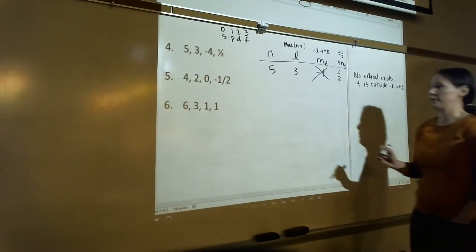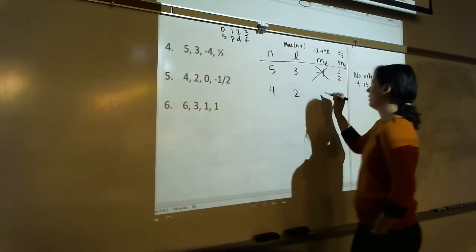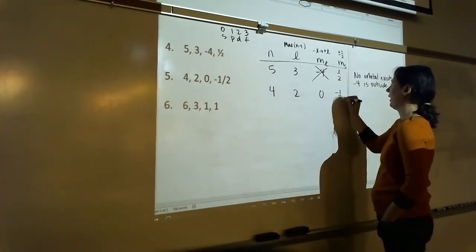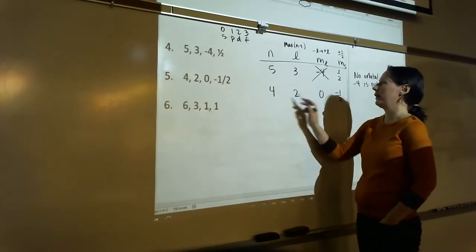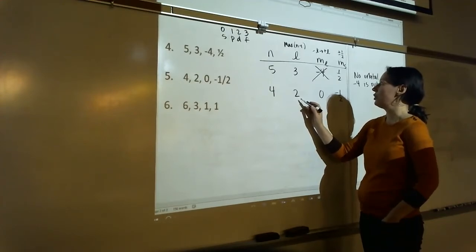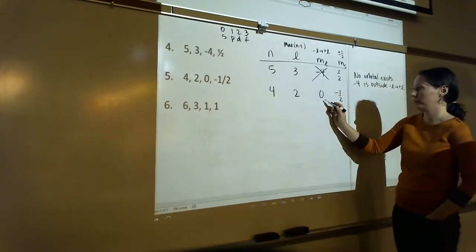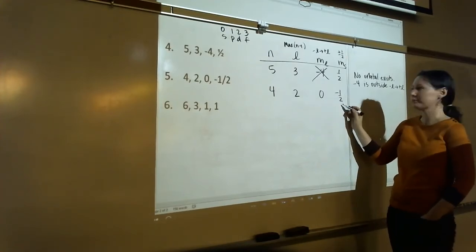All right, let's do the next one. 4, 2, 0, negative 1/2. If n is 4, can L be 2? Yes, that's allowed. If L is 2, can M sub L be 0? Yes, that's allowed. And then if these 3 exist, can this be negative 1/2? Yes.